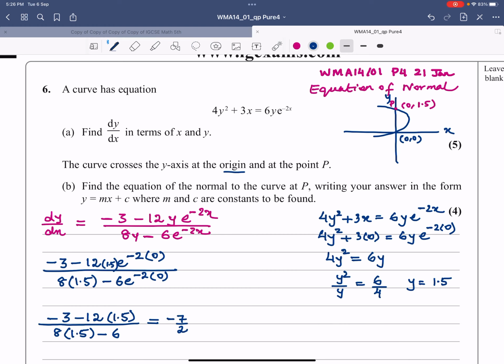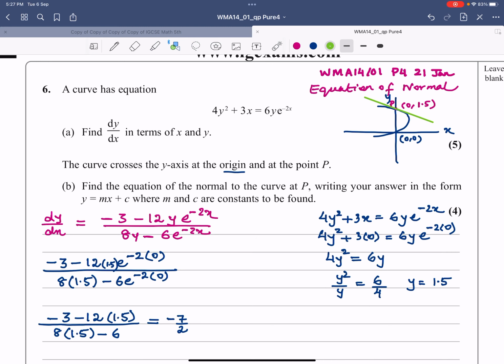So the gradient of the tangent, let's draw the tangent here. So the gradient of the tangent, which is this green line, is -7/2. Now how do we use the gradient of the tangent to find the gradient of the normal? Tangent and normal are at right angles to each other.